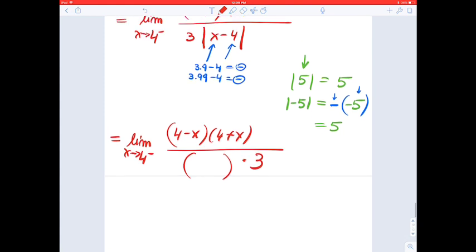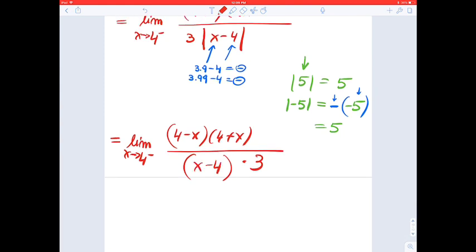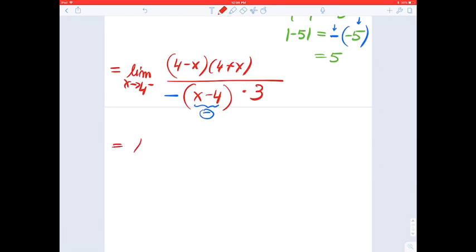My quantity x minus 4 is negative, like negative 5. That's the reason I have to put an extra negative to make it positive. Negative and negative will give me positive. That's what I want. Now I did use the definition, so I simply use algebra and basic arithmetic to finish the question.